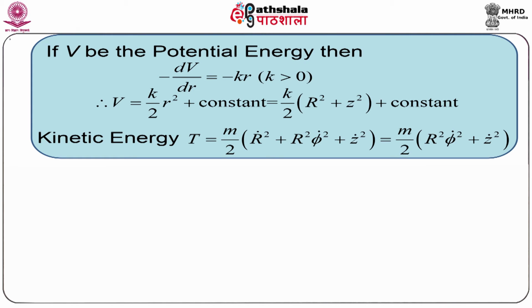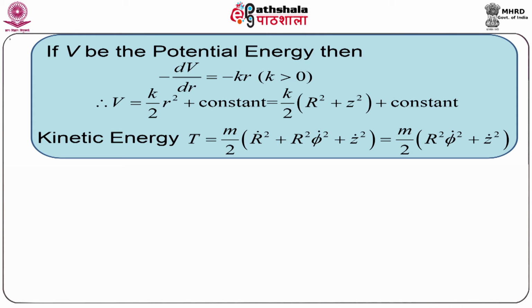If capital V be the potential energy, then minus dV dr equals minus k into small r. Here k is a positive constant. This on integration gives capital V equal to k divided by 2 into small r square plus integrating constant.